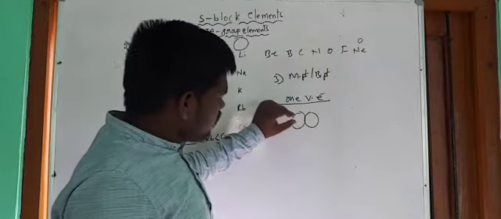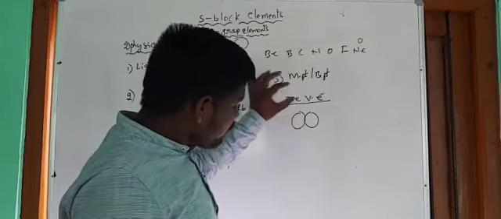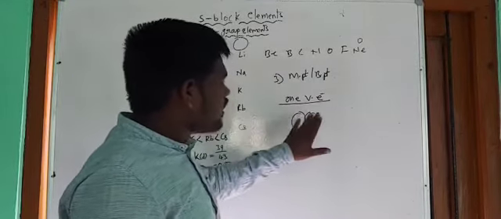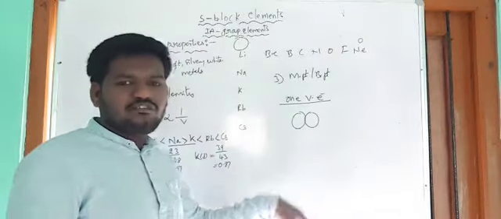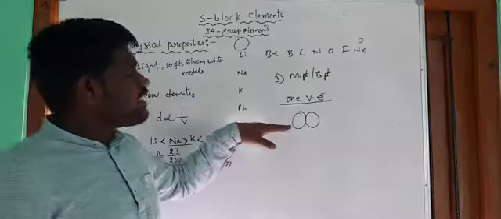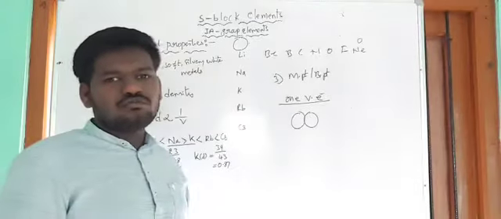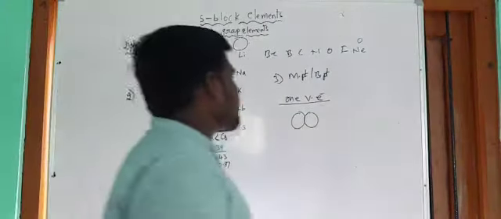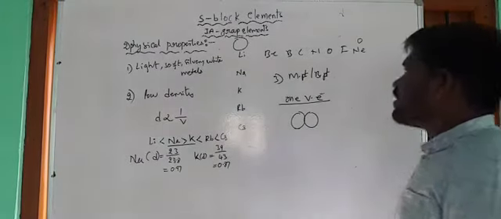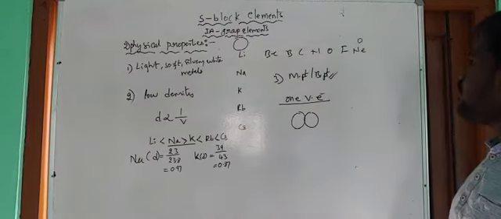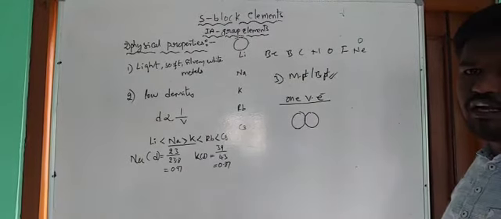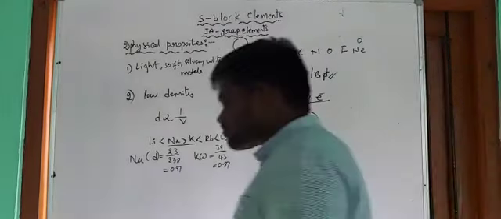When the metallic bond or any bond is weak, their melting and boiling points are also very low. So due to the weak metallic bonding in the first A group elements, they show low melting and boiling points.